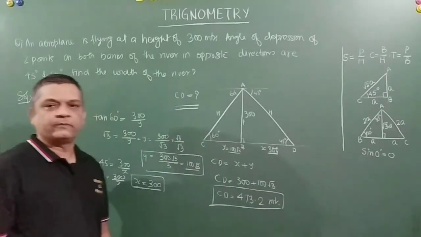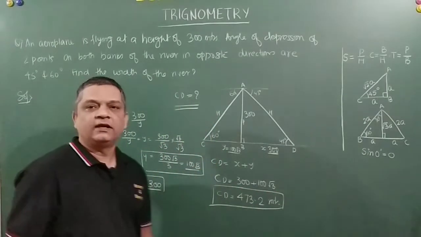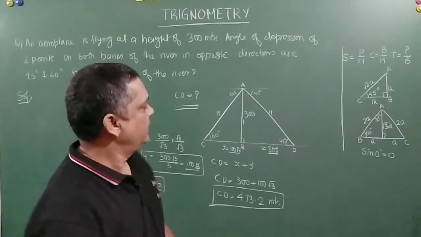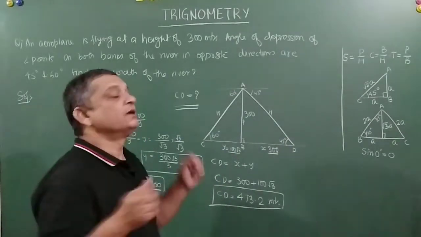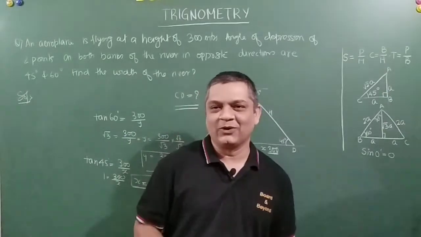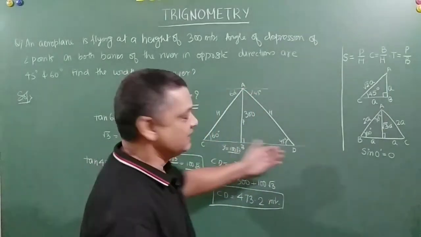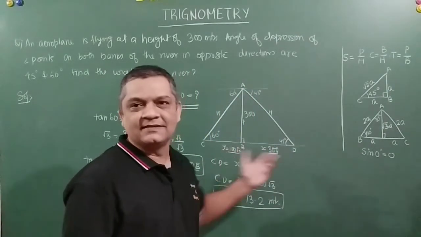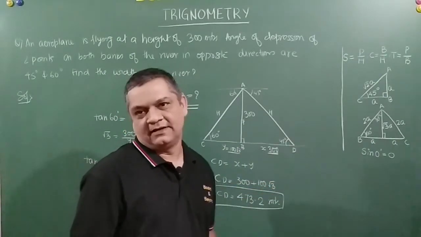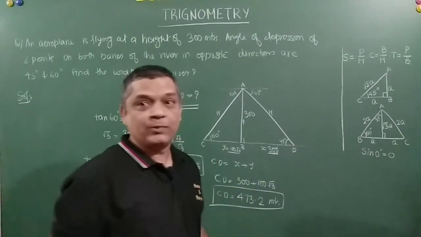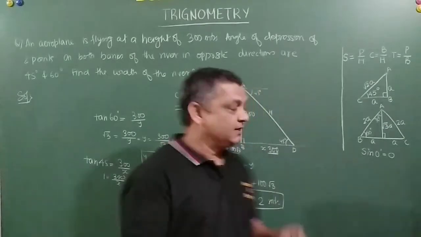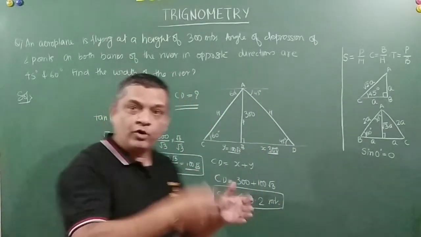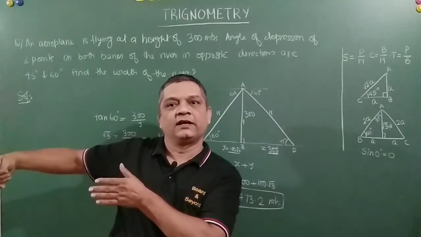You got it? Okay. So this is the way you have to do it. You can try different variants, maybe 60 degrees, 45 degrees, 30 degrees and 45 degrees. The earlier problem we saw had an altitude with 2 points on the same side of the altitude.